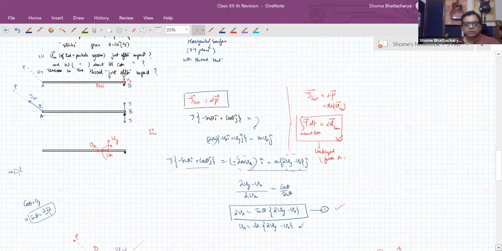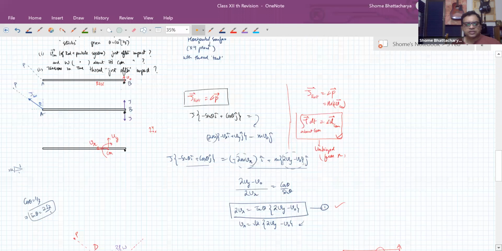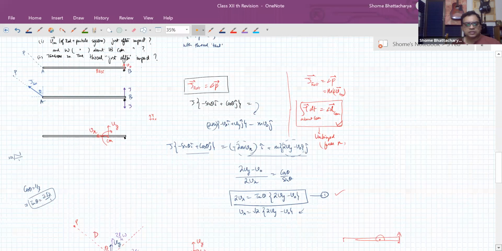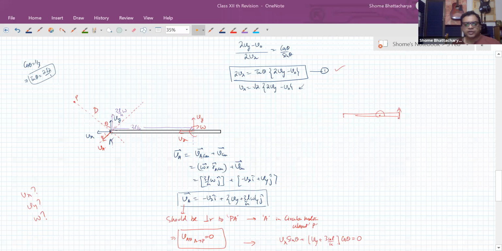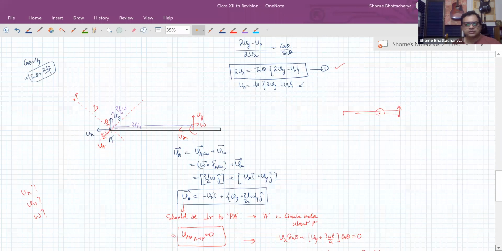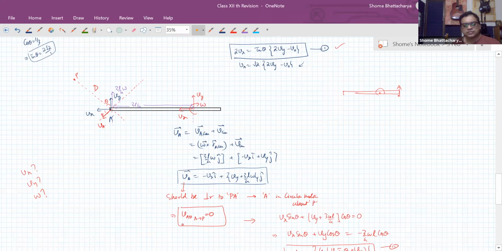Yeah, Bhumik, let's come back to the second equation. So in the second equation, what we've done is we have applied this condition that the approach velocity of the point A towards P should be 0.